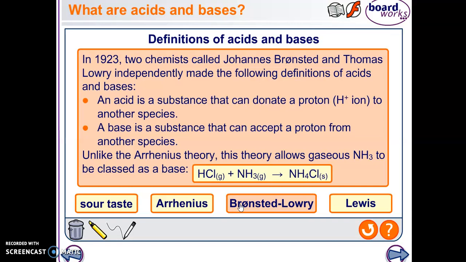In any case, if a substance is a donor of a proton, it will act as an acid, and a substance which is gaining a proton will act as a base. So this is Bronsted-Lowry theory. There is one more theory, Lewis theory, but we need not bother about that because we are going to just consider Arrhenius theory and Bronsted-Lowry theory.